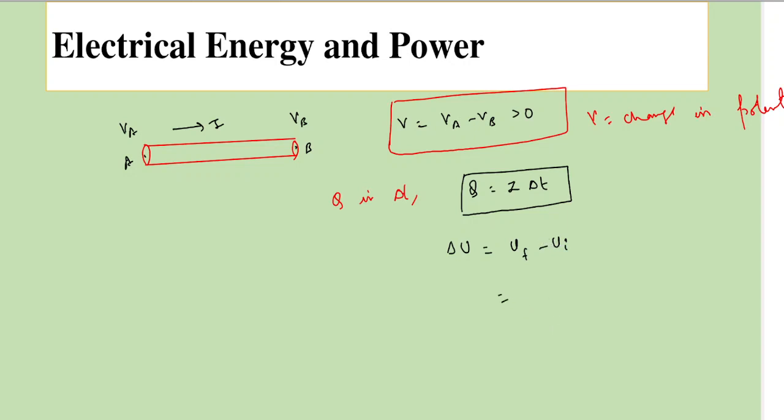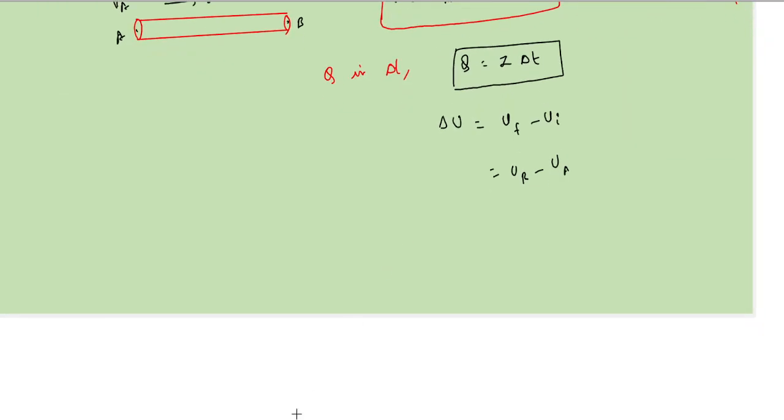Delta U is U final minus U initial. In this case, it is equal to the potential energy at end B, UB, minus UA, which is Q into VB minus Q into VA.